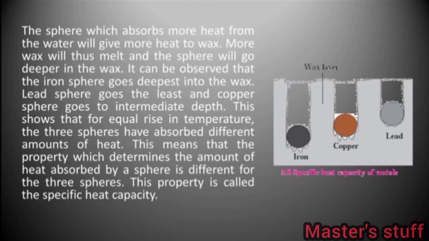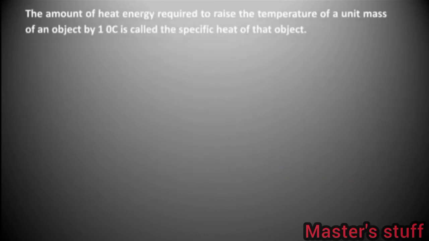This property is called the specific heat capacity. Thus, the amount of heat energy required to raise the temperature of a unit mass of an object by 1 degree Celsius is called the specific heat of that object.